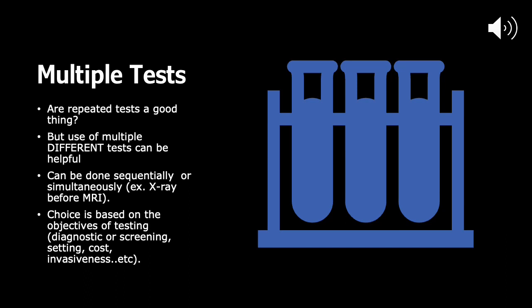Using multiple tests can be a good thing as long as we're using multiple different tests. But we don't want to keep repeating the same test over and over. They can be done sequentially or simultaneously. Typically, x-rays are ordered before MRIs or CTs. But the choice is based on the objectives of the testing.